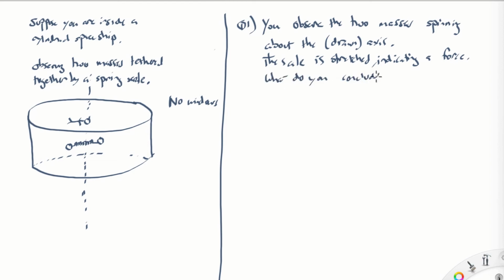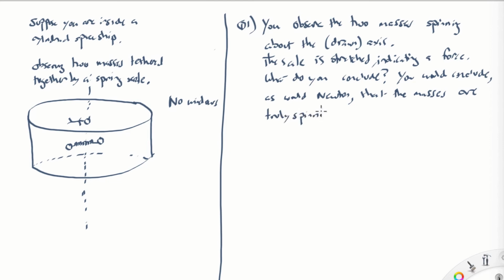Well, since it looks like it's spinning, and since there's a stretching force, you would conclude, most likely, and you would be in agreement with Newton, by the way, that the masses are truly spinning.